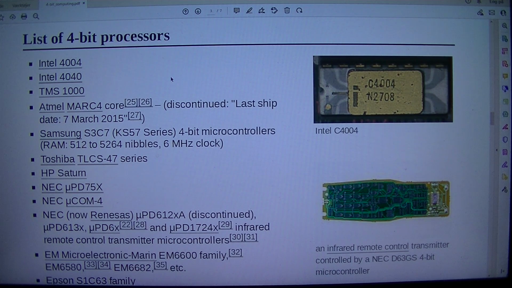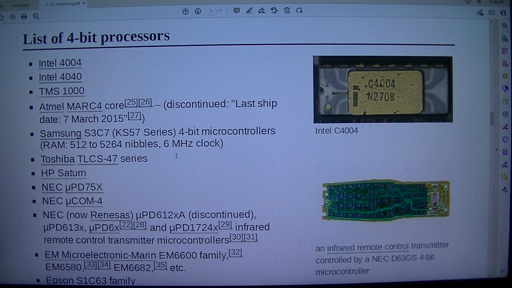Samsung S3C7, KS57 series, 4-bit microcontrollers, RAM 512 to 5264 nibbles, 6 MHz clock. Toshiba TLCS47 series. HP Saturn.